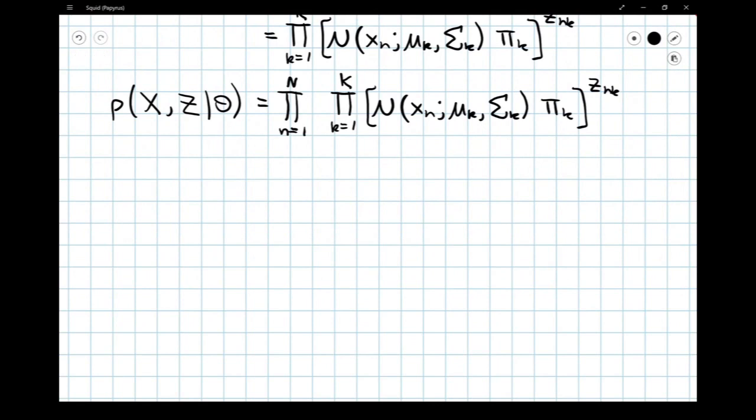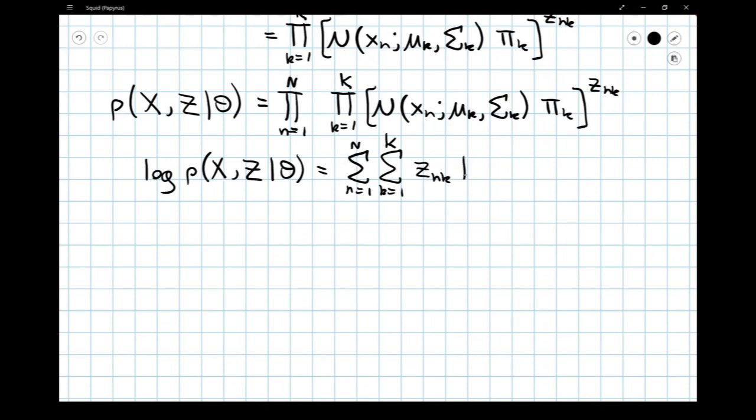And then finally, what we actually need is the logarithm of this. So we know that the log probability of all x and z given theta is equal to the summation over n equals 1 to capital N, summation of k equals 1 to capital K. Then we take the logarithm of this, so we end up with znk multiplied by the log of our normal distribution with xn as the random variable, mean mu k, covariance matrix sigma k, multiplied by our mixture proportion, which is pi k.